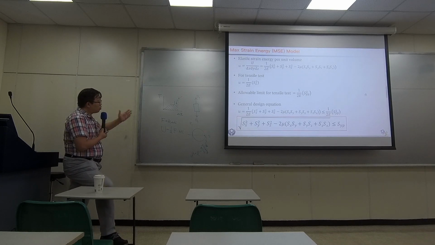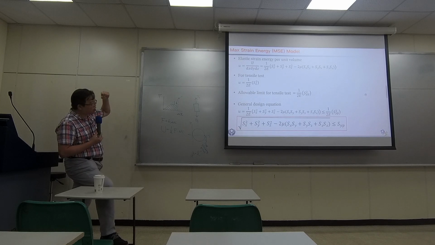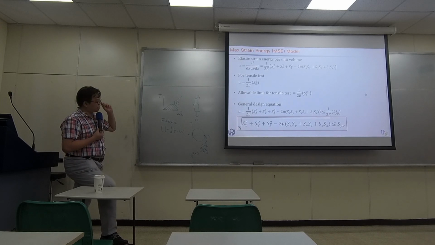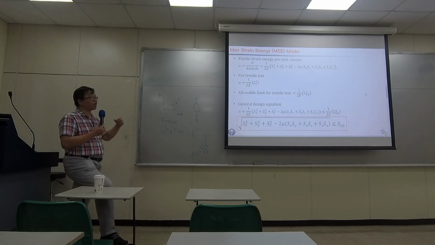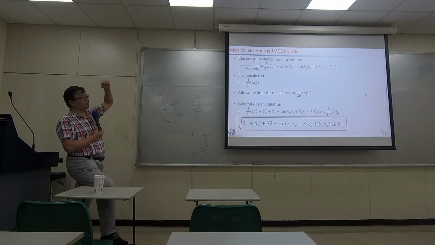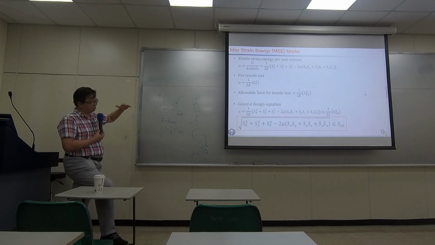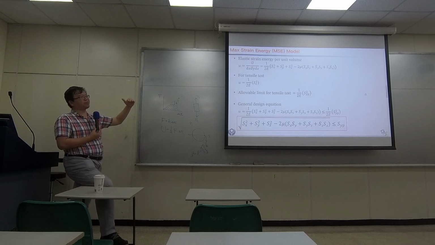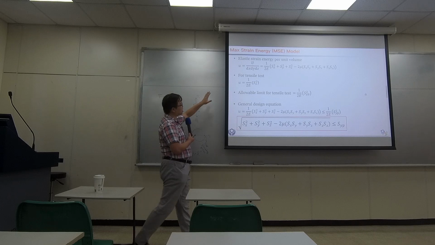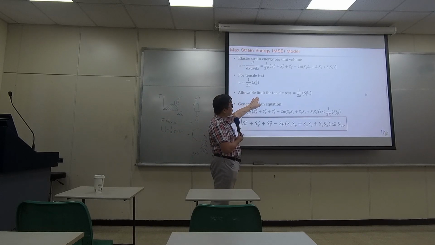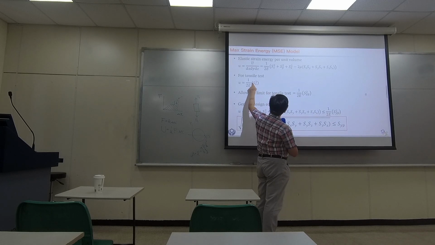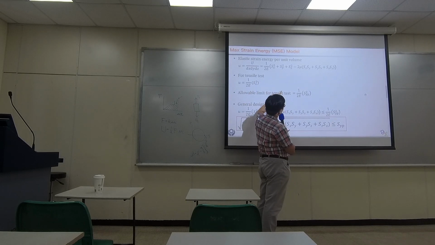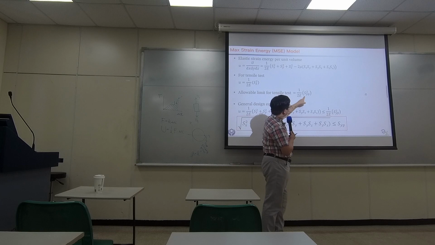Now, when this principal stress is as large as your yielding strength, you cannot expand further. You cannot apply a greater stress. That's the limit. That's the extreme. So we know for the tensile test, the allowable limit is this quantity, this value. You just replace your Sx by Sy.